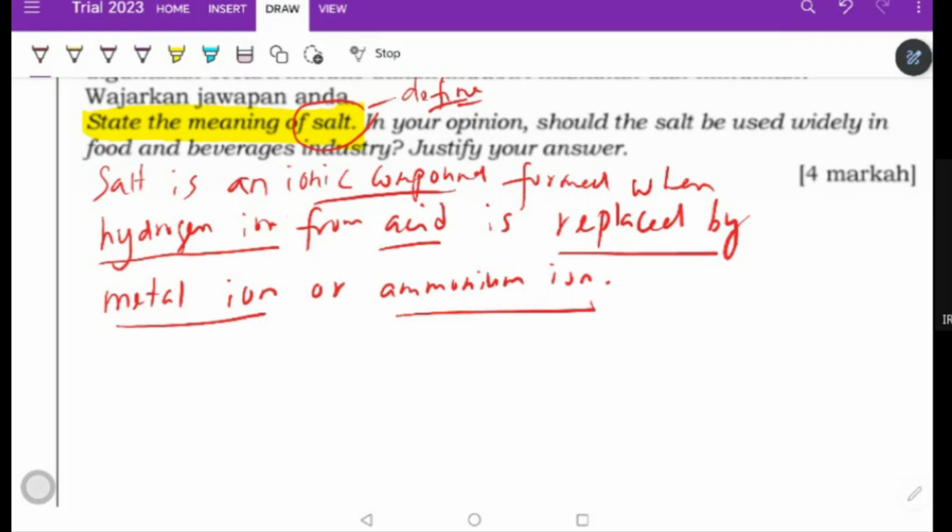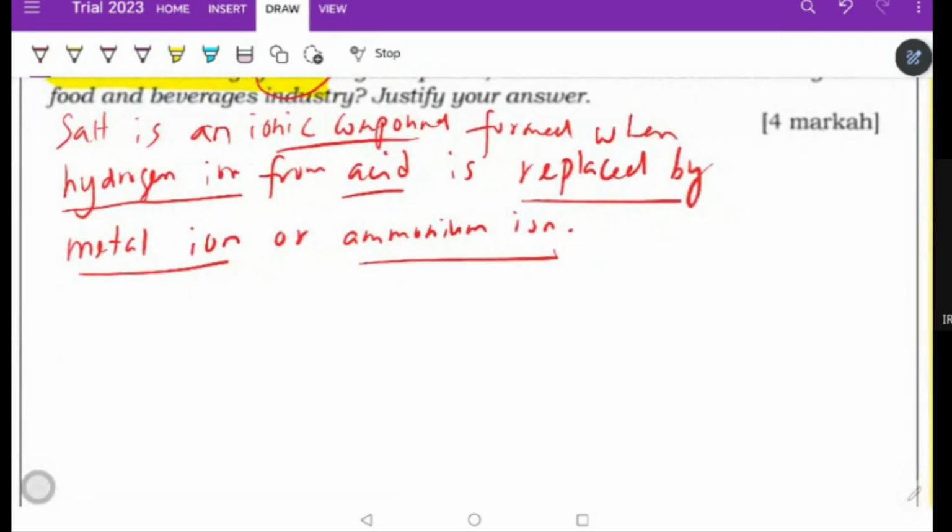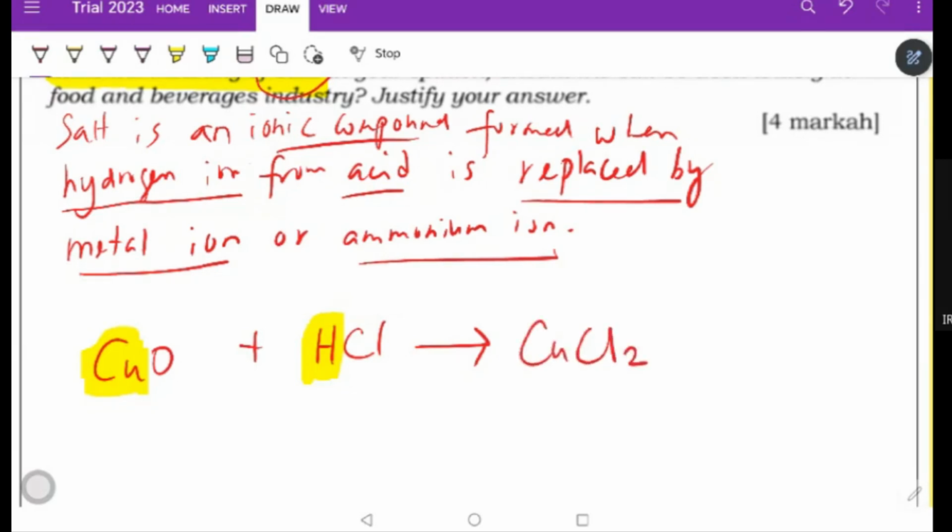So meaning that any metal ions, for example, copper(II) oxide with hydrochloric acid. These hydrogen ions from the acid are replaced by the metal ions, copper. So it forms copper(II) chloride and water. So this is the salt.